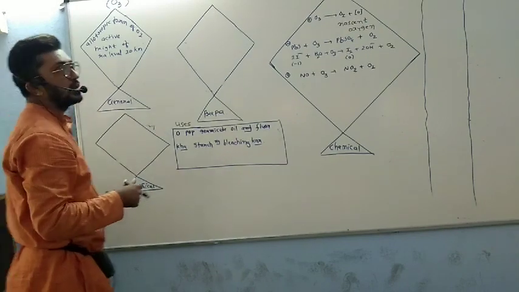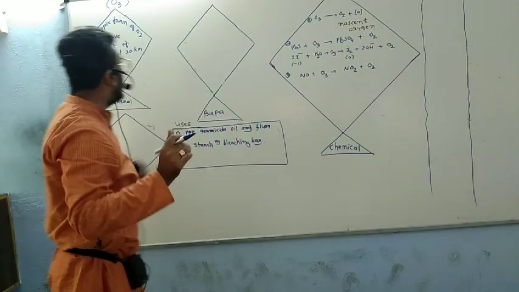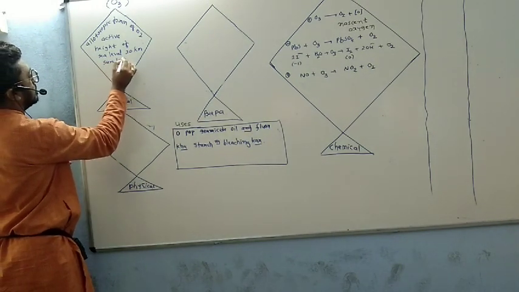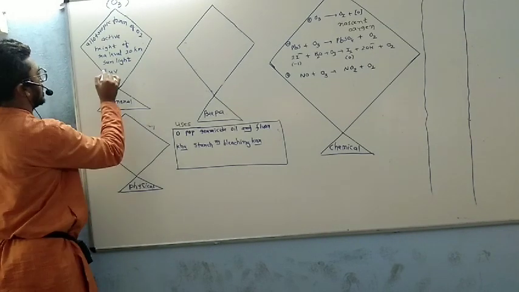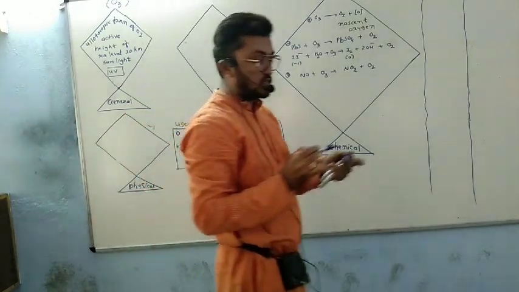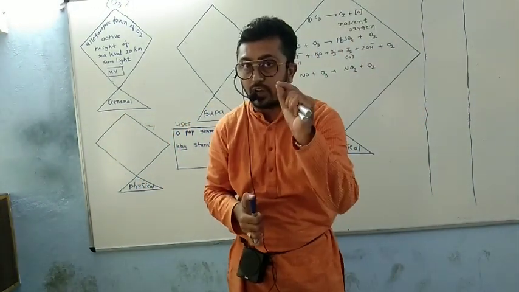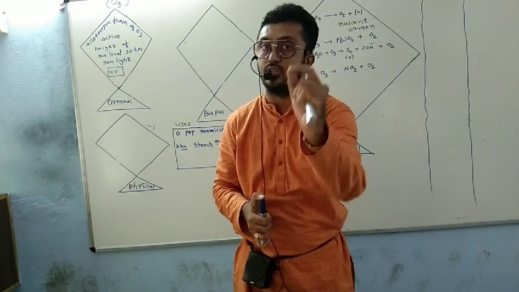So it is prepared at a height of 20 kilometers from sea level in the presence of sunlight. And in the atmosphere, ozone protects against harmful ultraviolet rays.